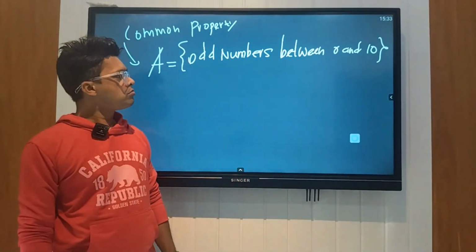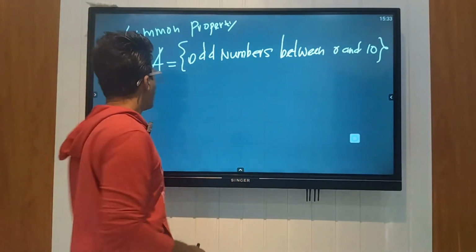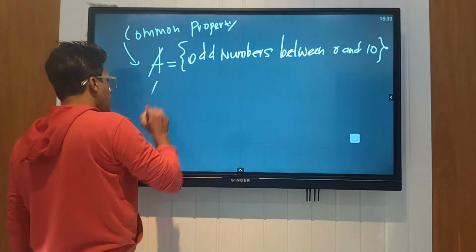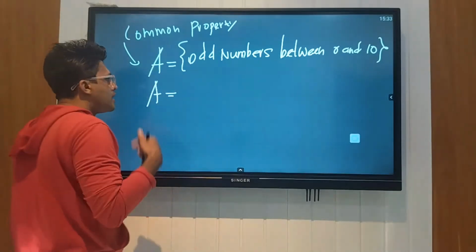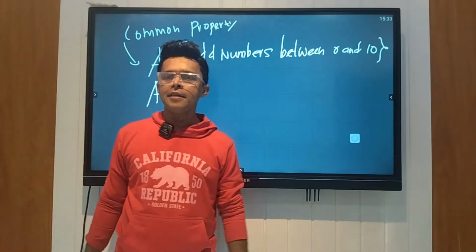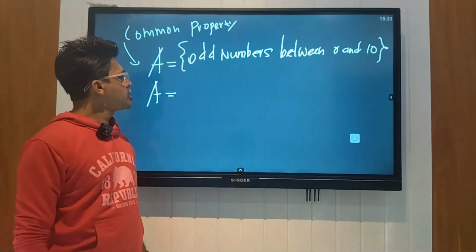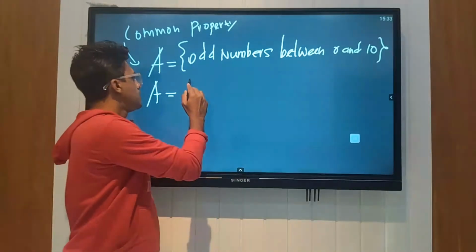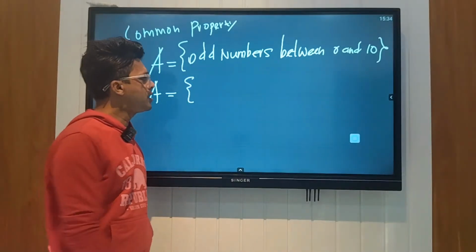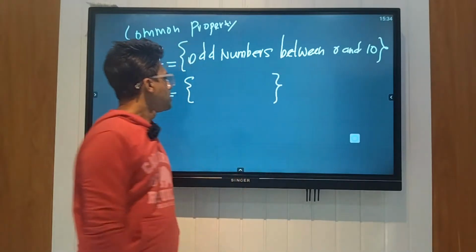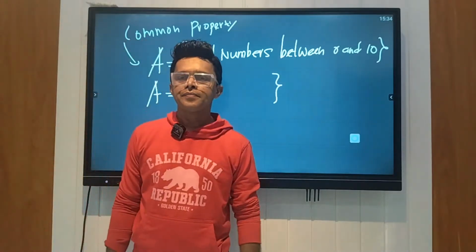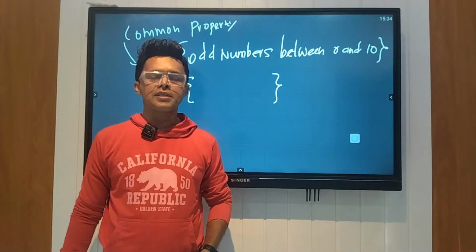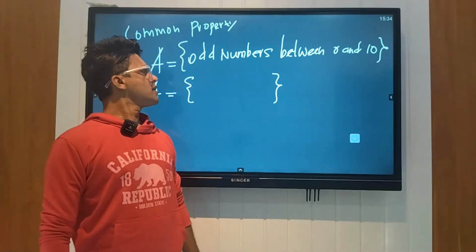And also, I am going to write the set A with its elements. Now think of the elements of the set A. What are the elements of the set A?